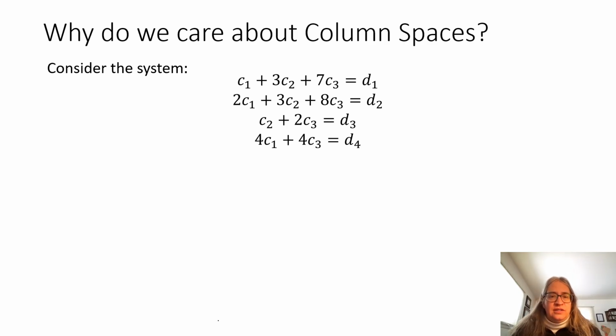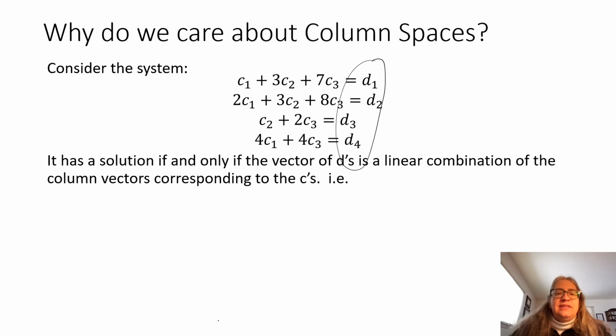I've got three unknowns, C1, C2, and C3, and then I've got my constants on the other side, which are not specified in this case, because I want to talk about it more generally rather than a specific system. It's a family of systems. Okay. So this system has a solution if and only if the vector of D's can be made as a linear combination of the column vectors that correspond to my C's.